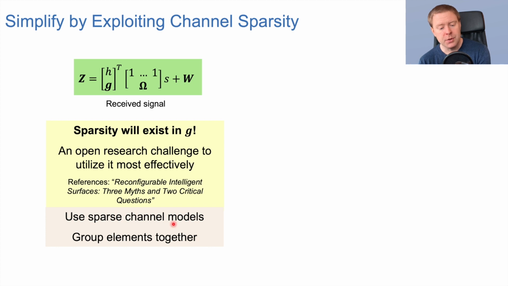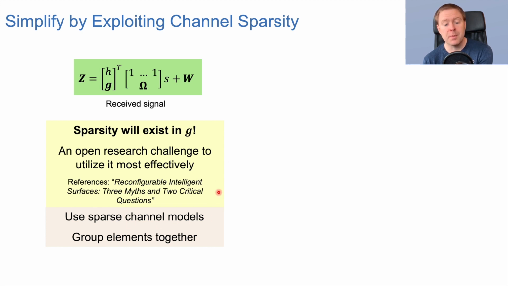So we should definitely use sparse channel models. We can potentially group some neighboring elements together and say that these elements should have the same configuration. If we group every 10 elements together, we can divide the number of pilots by a factor 10. But there's still a lot of research to be done.